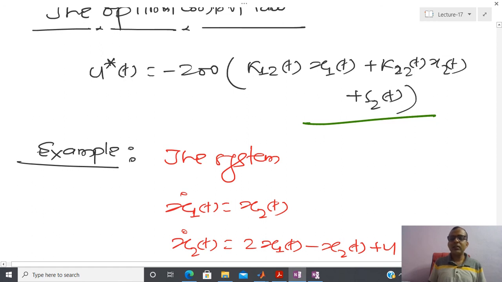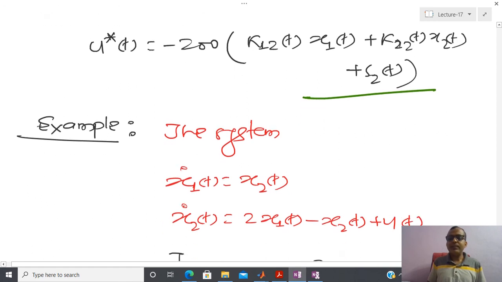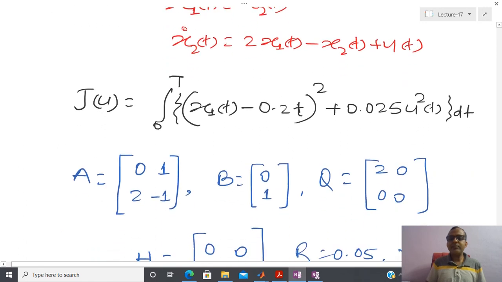Similarly, suppose I have a system like this and I have to track some kind of time varying signal. Here the system remains the same, everything remains the same. I have just changed the performance measure, and I am assuming that whatever quantity I have to track, I have to track exactly, and due to that reason the first term is not present.